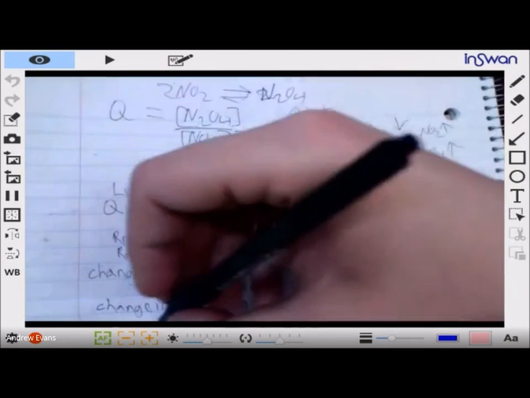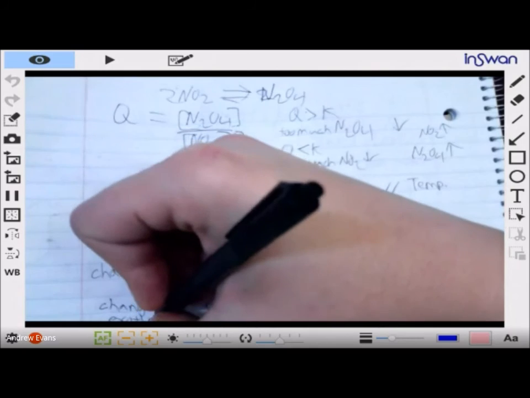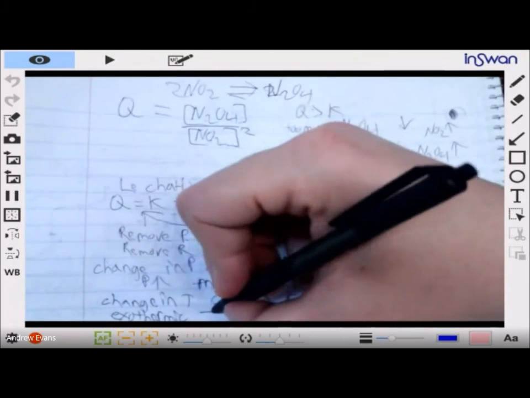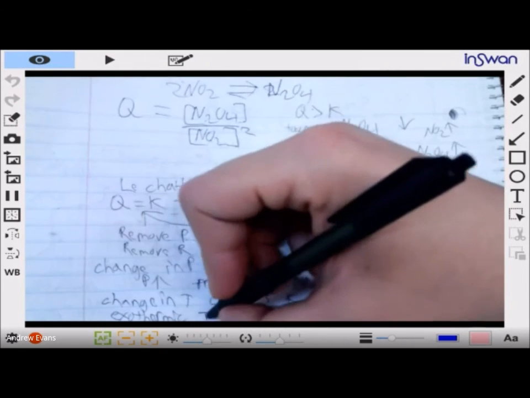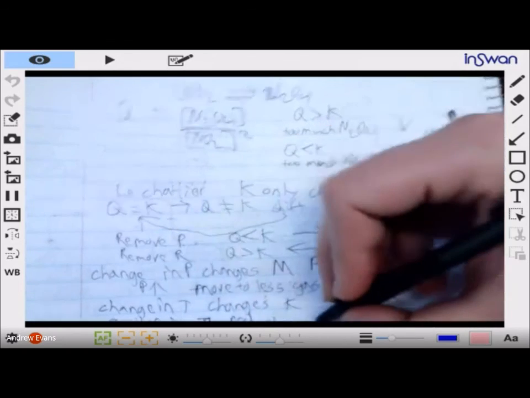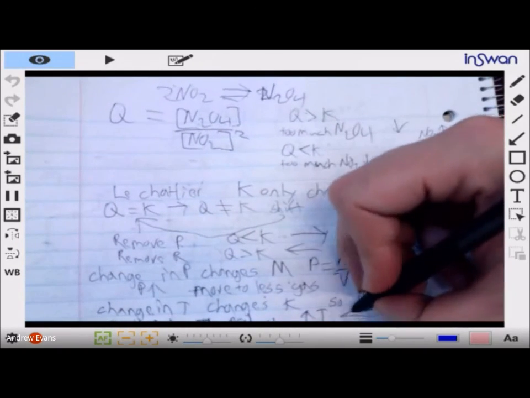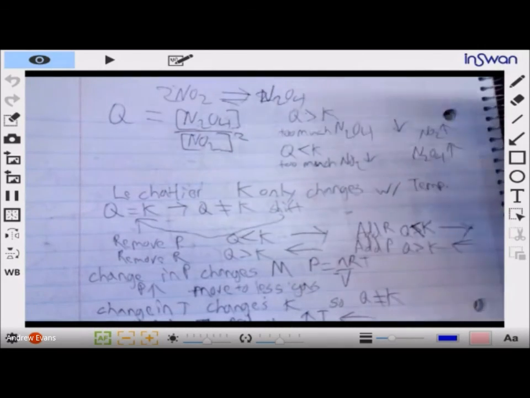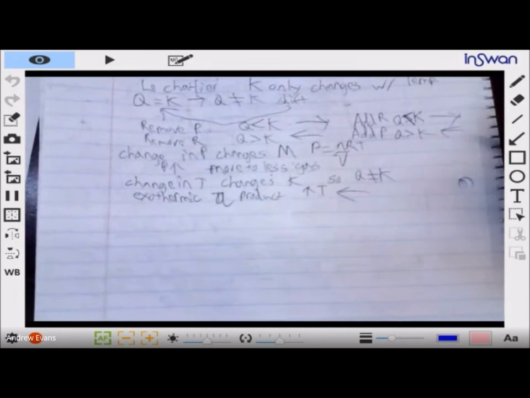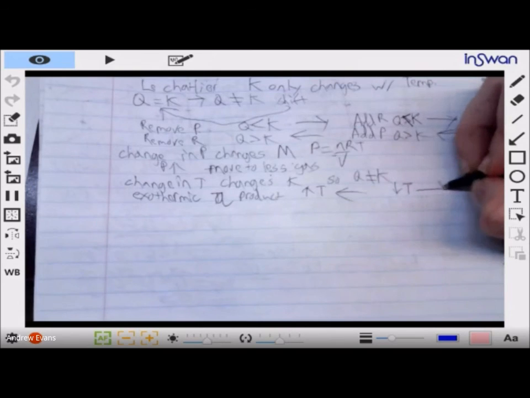If it's exothermic, that means heat is a product. Increase in T means it's going to shift to reactants, shifts left. Decrease in T would mean it shifts right. We're trying to replace whatever we removed.